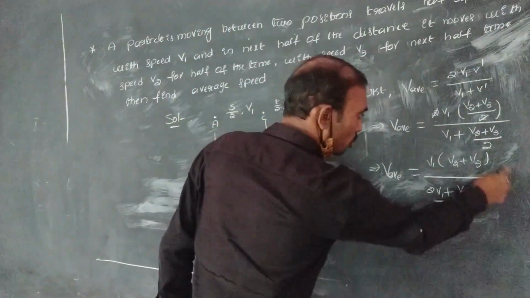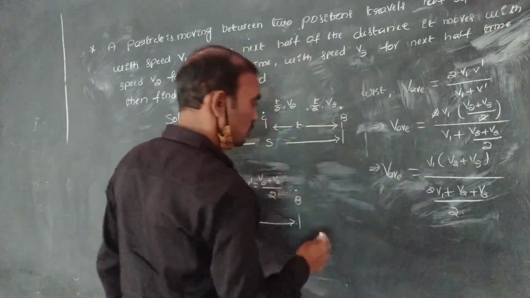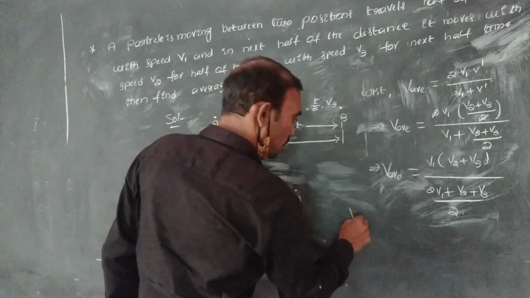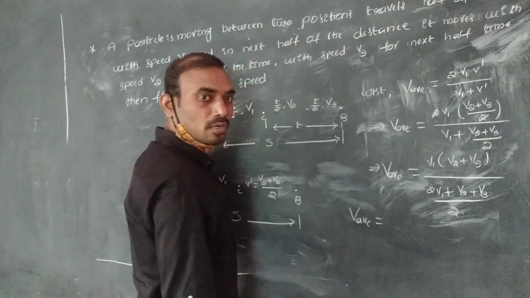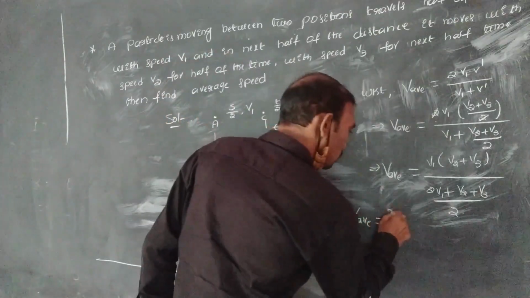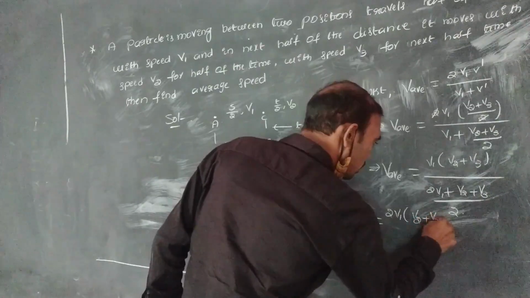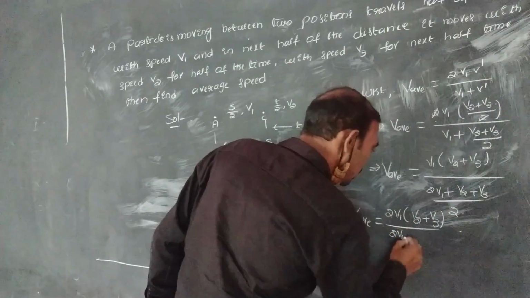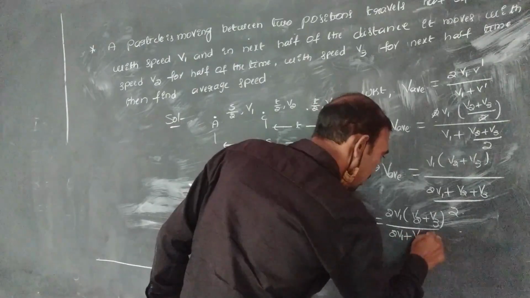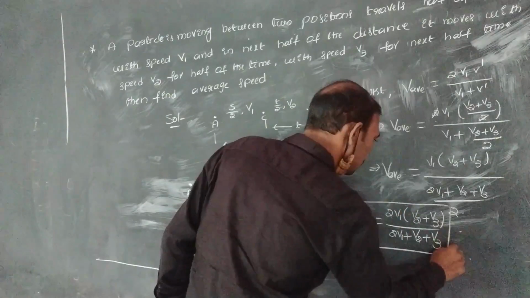So 2 will go to numerator. Therefore average speed equal to, what is the final expression? 2 V1 into V2 plus V3 by 2 V1 plus V2 plus V3. This is the average speed.